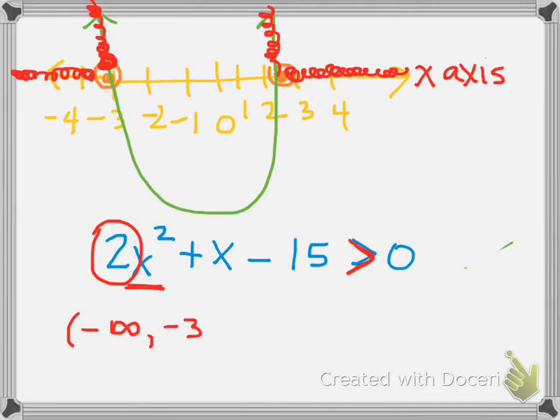It's an open circle, so I leave this curvy. Union, which means the other part over here, which is 2.5 to infinity.